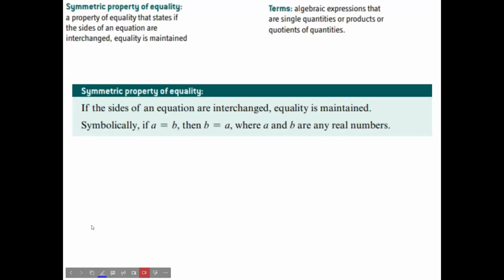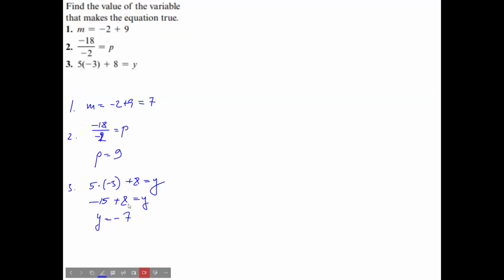So, more terminology. What is the symmetric property of equality? A property of equality that states if the sides of an equation are interchanged, equality is maintained. So what it means, for instance, here, the original was minus 7 equals y, right? What I did, I interchanged the sides and equality stays the same.